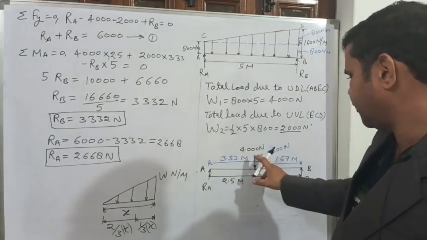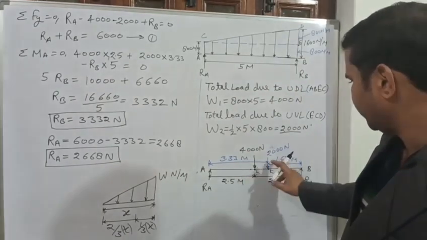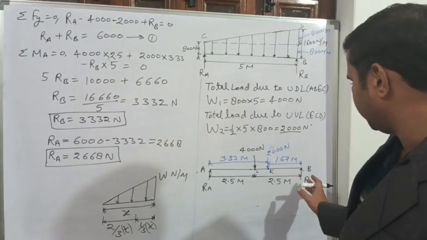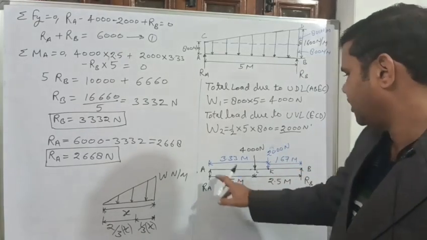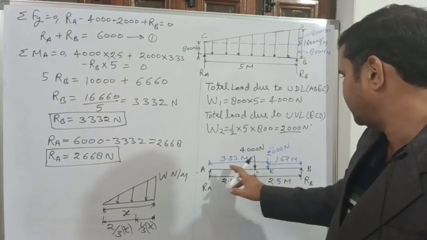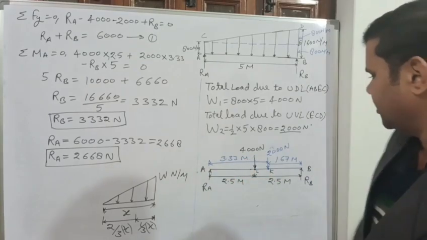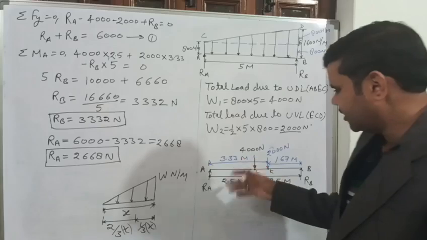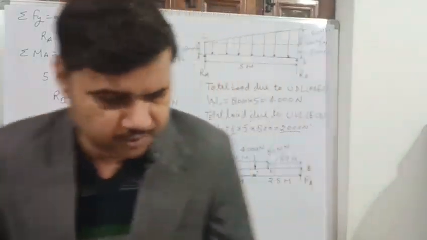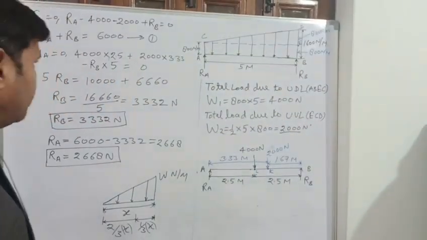So this load is 4000 Newton at midpoint, and 2000 is 1.67 meter from this end and 3.33 meter from this end, right. Now as usual we will apply the conditions of equilibrium.